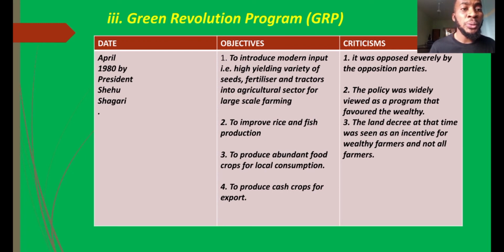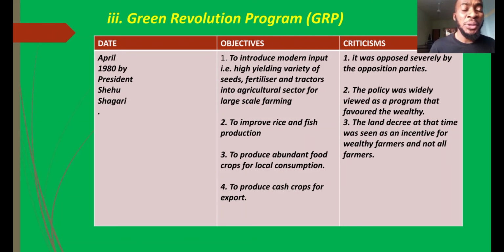Number 3, to produce abundant food crops for local consumption. They found it a duty upon themselves to make sure that there is enough food for local consumption, as well as enough farm produce for exports.